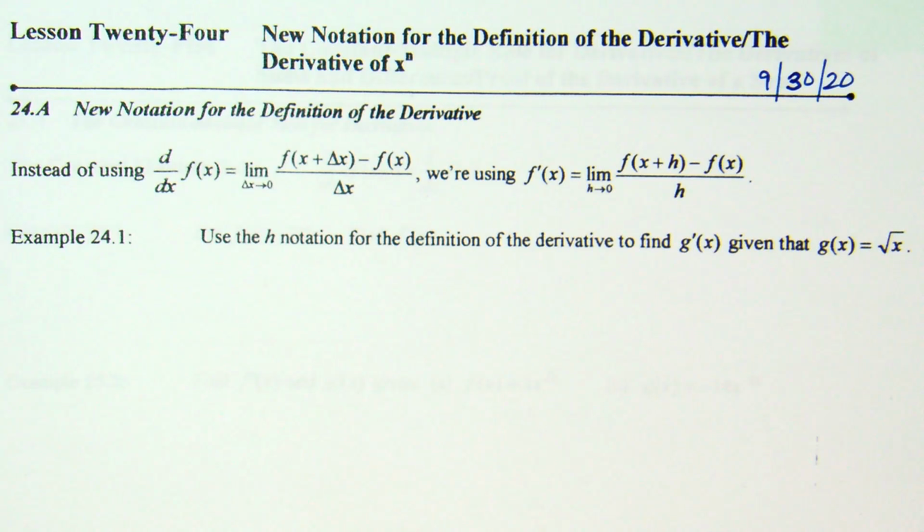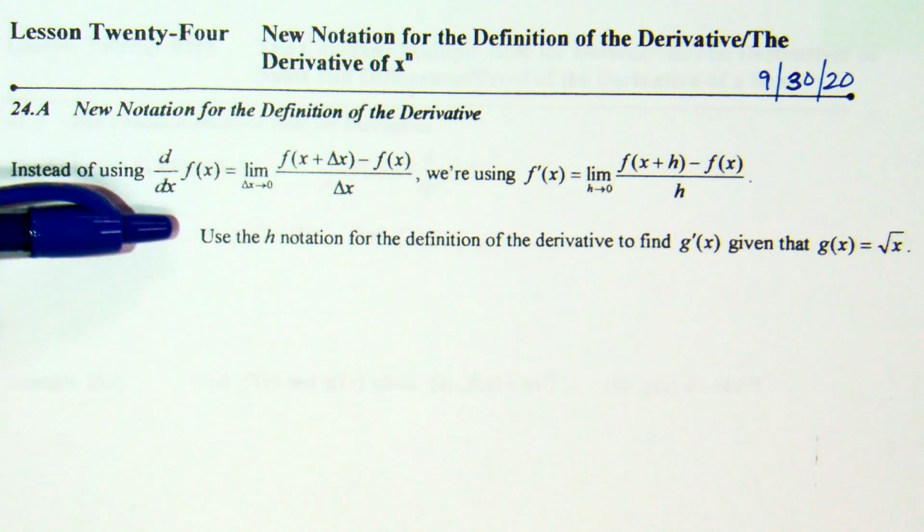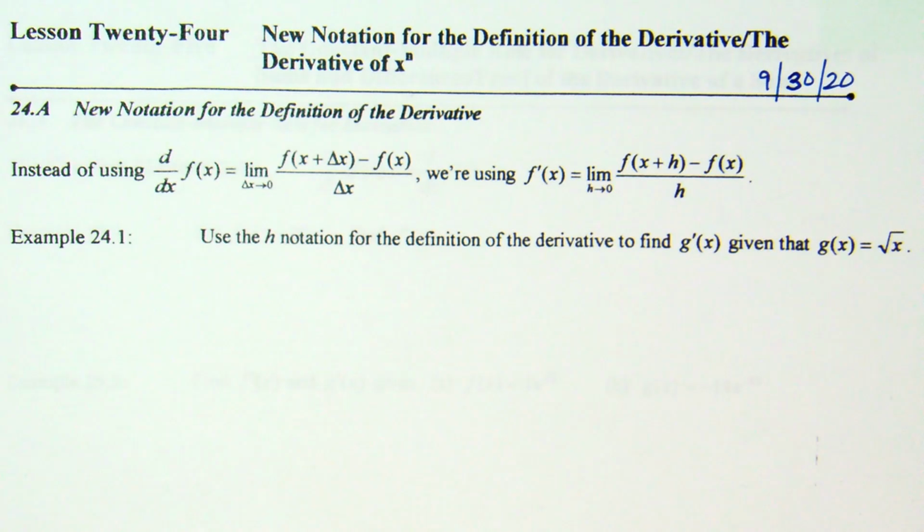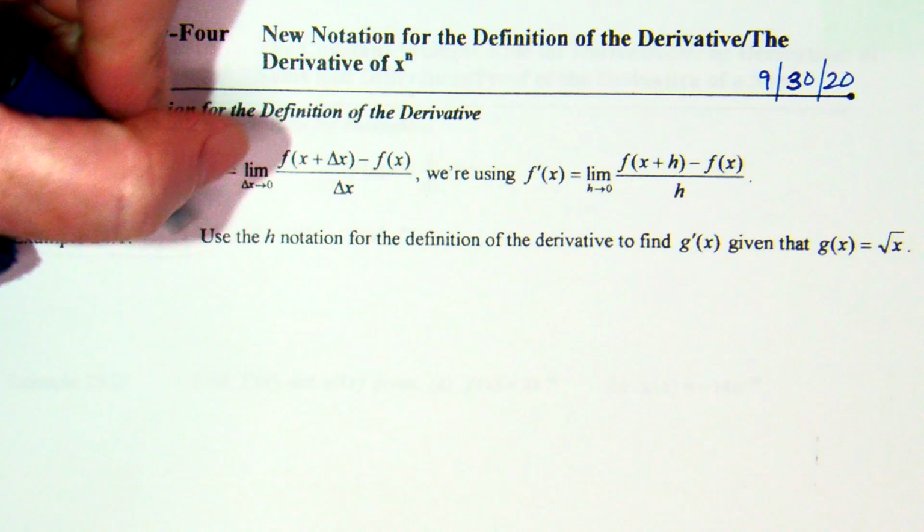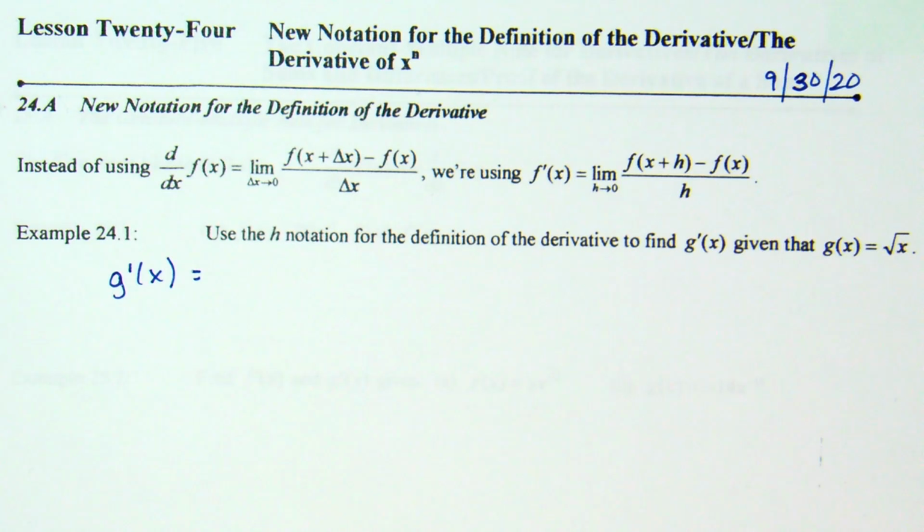Example 1 is just using this new notation to do a derivative. Use the h notation for the definition of derivative to find g prime of x, given that g of x is the square root of x. Let's go. We're being asked for g prime of x, which is common derivative notation.